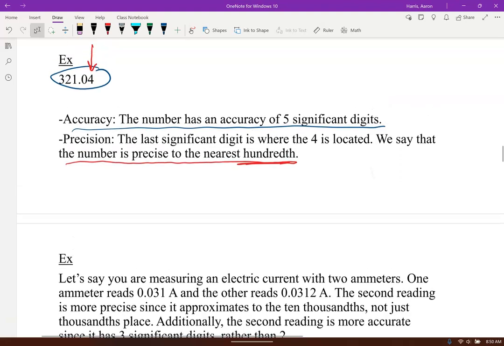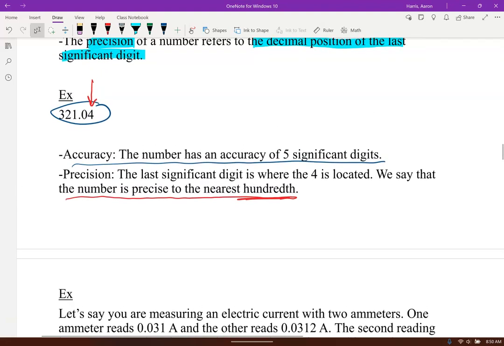All right, let's say you're measuring an electric current with 2 ammeters. One ammeter reads 0.031 amperes and the other reads 0.0312. First of all, how accurate is it?